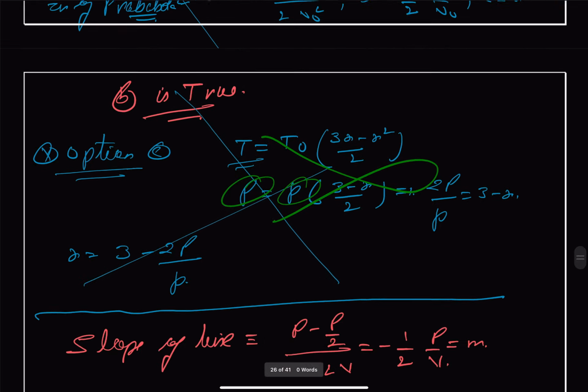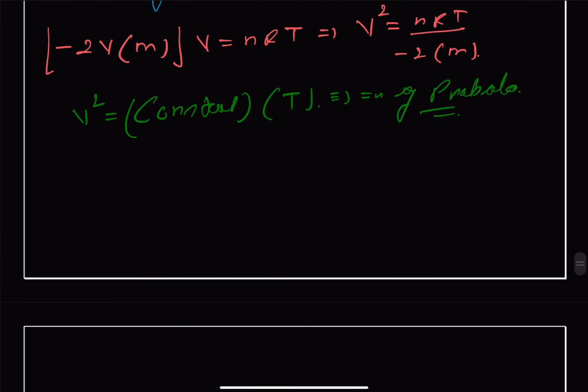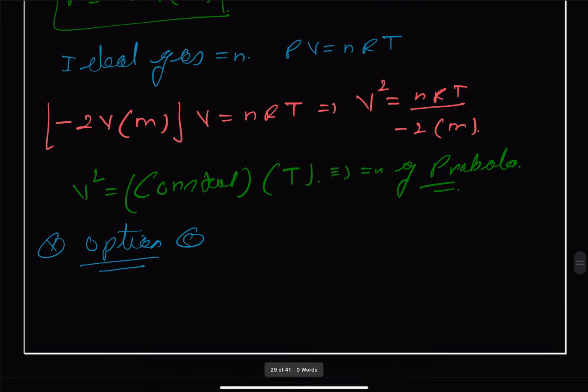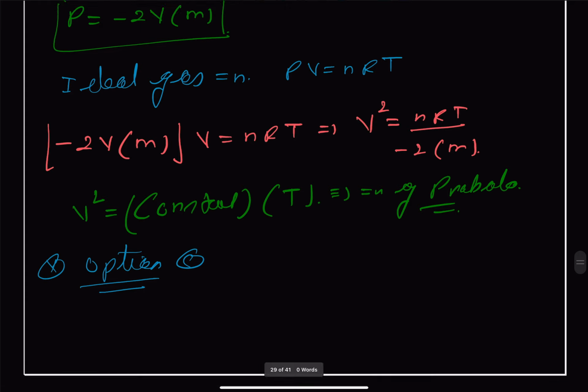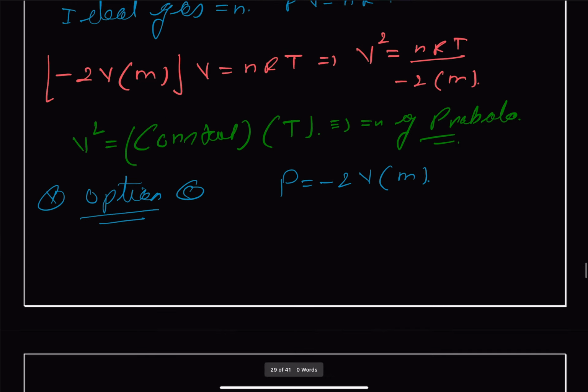So option C. We already know this equation, that P is equal to minus 2V times M. And once again, from here we can say that V is equal to P upon minus 2 times M, that is the slope.